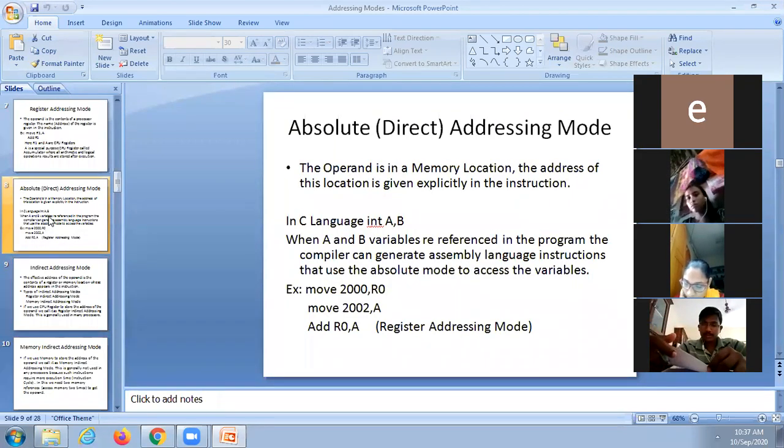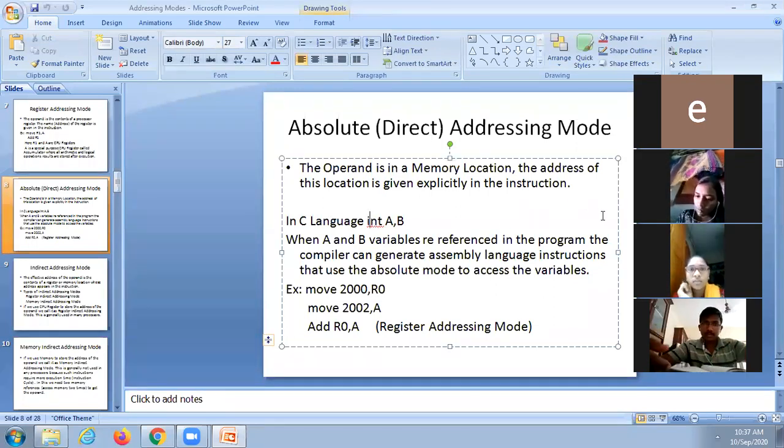In indirect addressing mode, one of the operands is the indirect address of the data or operand value, not the actual value.